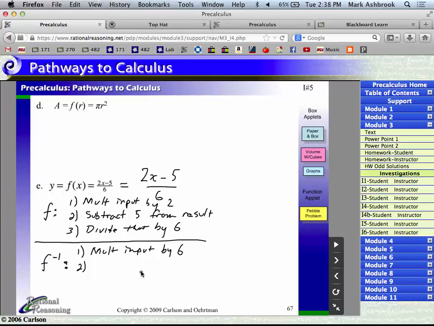Muhammad? Add 5 to the result. And then what would the last thing do to undo this whole process? Morgan? Divide by 2.